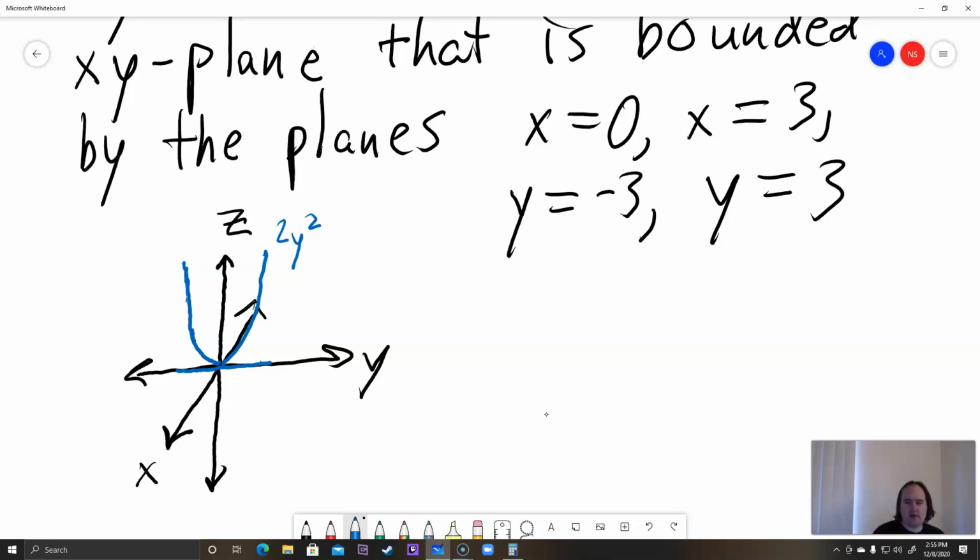Okay, so now what else do we do? Well, we know x goes from 0 to 3. So remember, the positive x comes out at you like this. So x is going to start right here at 0. And then it's going to come out at us, and it's going to end at 3. Right there, that's 3.